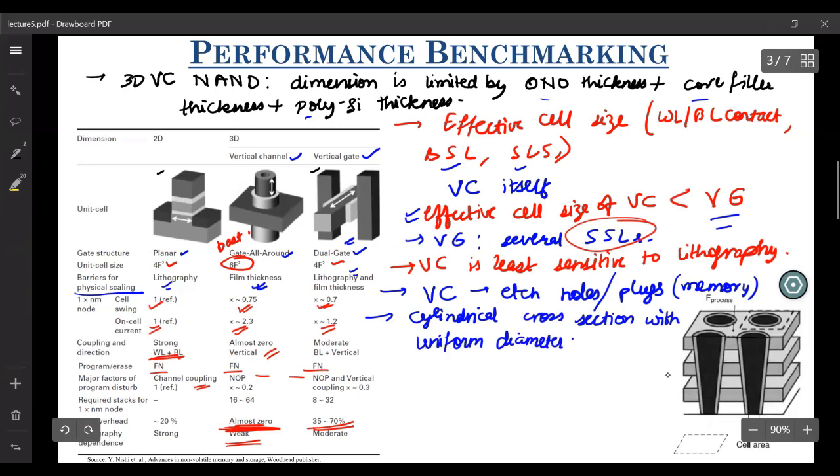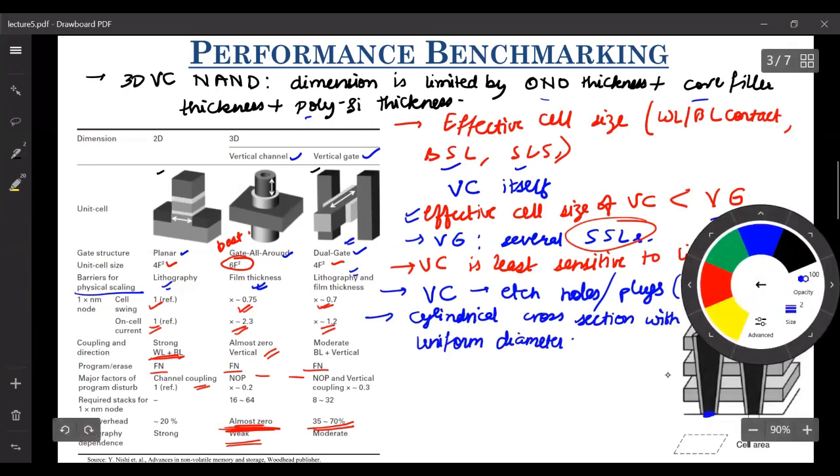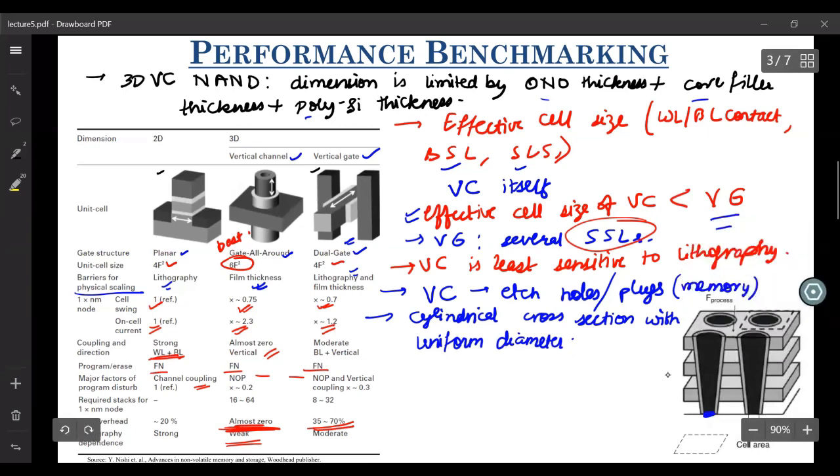But what you end up getting is that the diameter at the bottom is very small. Let me draw that using the right pen. The dimension at the bottom is really small, and this dimension corresponds to the minimum thickness, and that thickness includes ONO plus filler plus polysilicon.